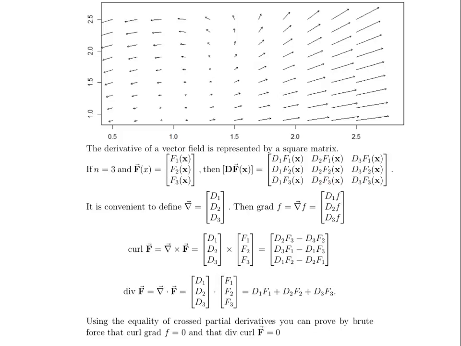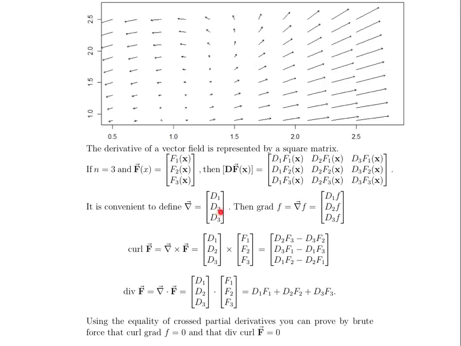It's convenient to define this vector as del. Del is an operator. It's not really a vector. What d1, d2, d3 really mean are their actions or their commands. This means take the derivative with respect to the first variable. This means take the derivative with respect to the second variable.